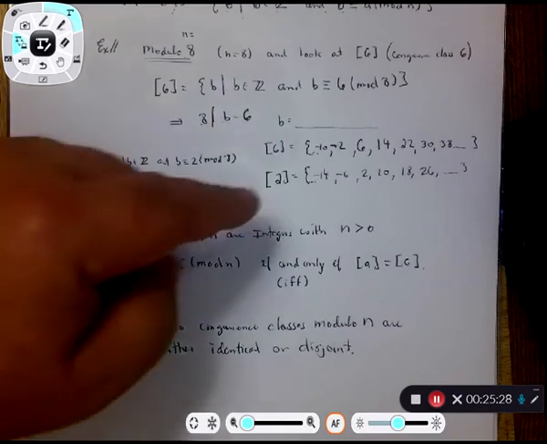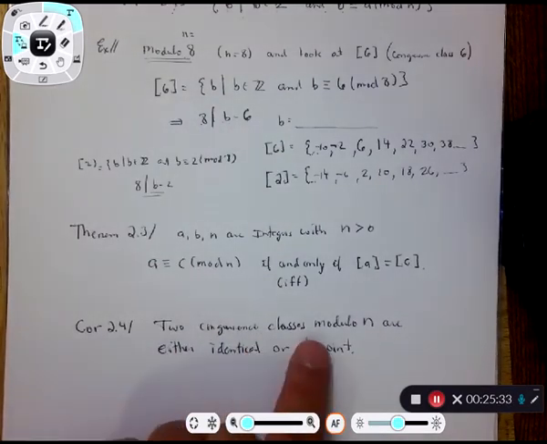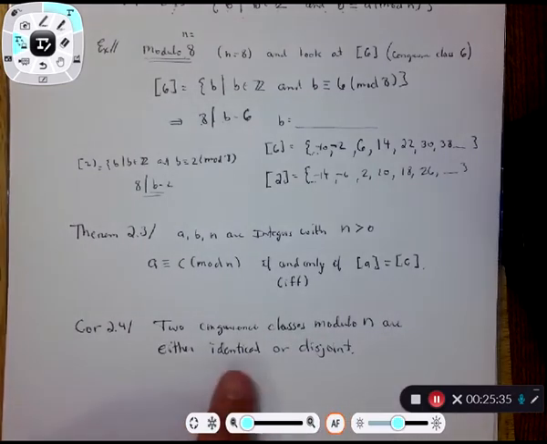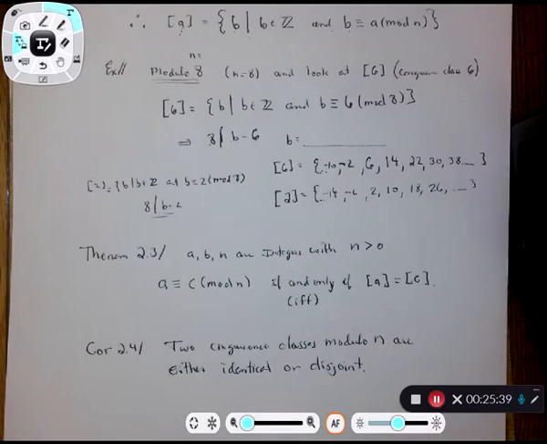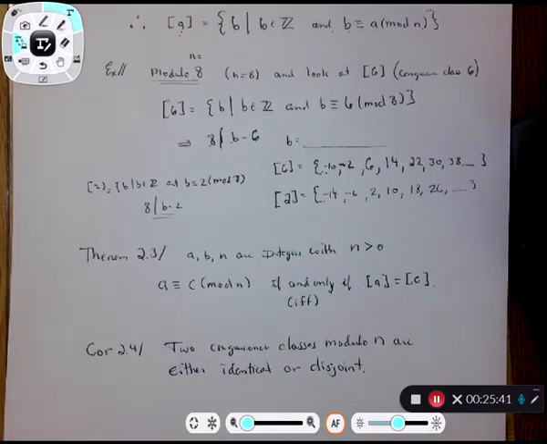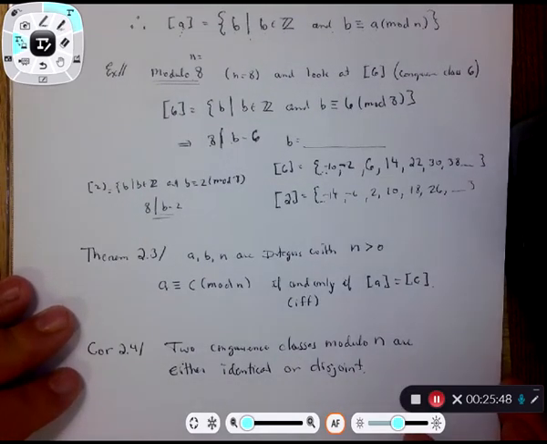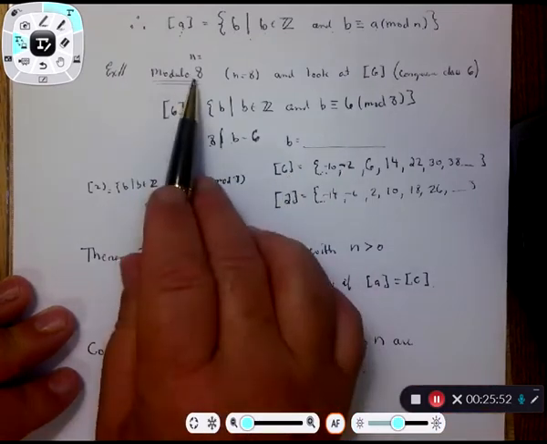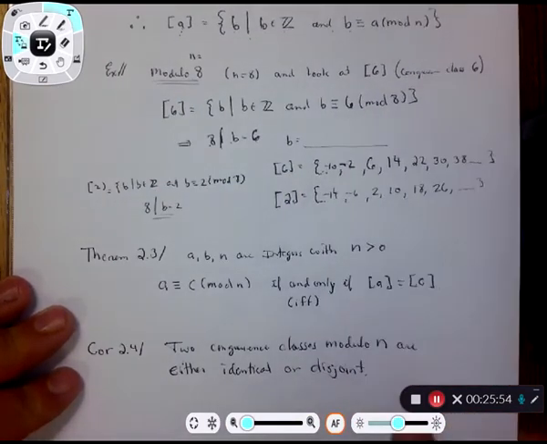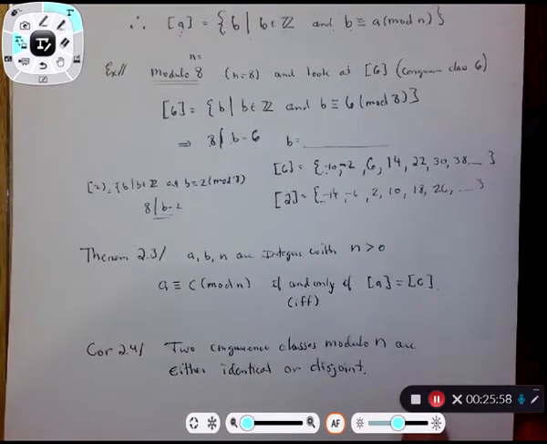And because they have nothing in common, two congruence classes modulo n are either going to be identical, exactly the same equivalence class, or they're going to be disjoint, which means they have no intersection at all. So what we're doing with this modulo n is taking the integers and subdividing them into particular groups depending on what you mod out by. And you let these numbers, the pointed bracket 6 and pointed bracket 2, represent the class.